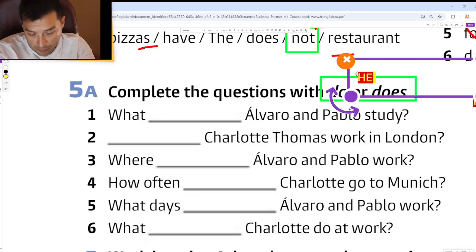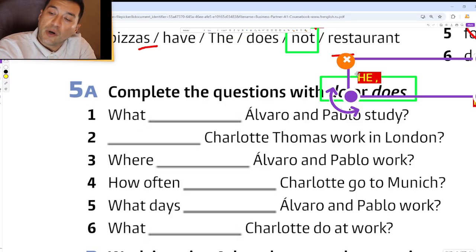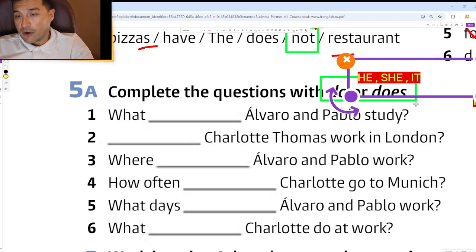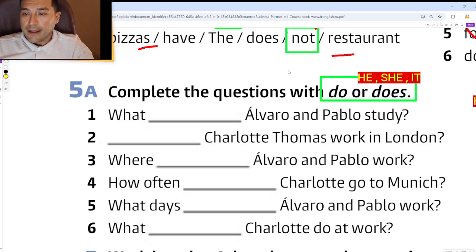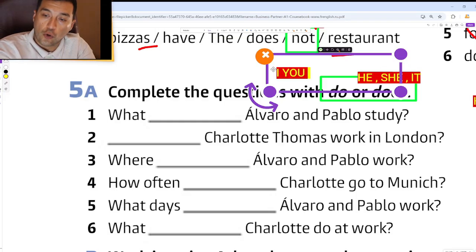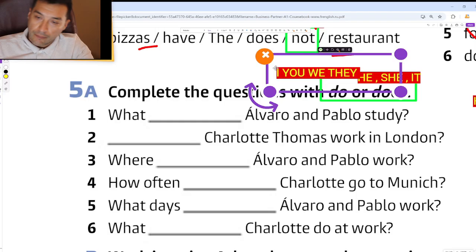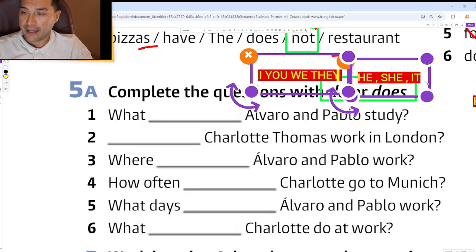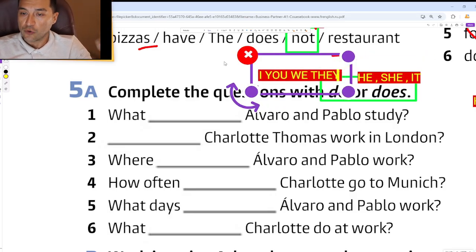He, one person, or she, one person, or one place or thing like the restaurant, the college. And do is for I, you, we, and they. Two people, they or we, two or more.